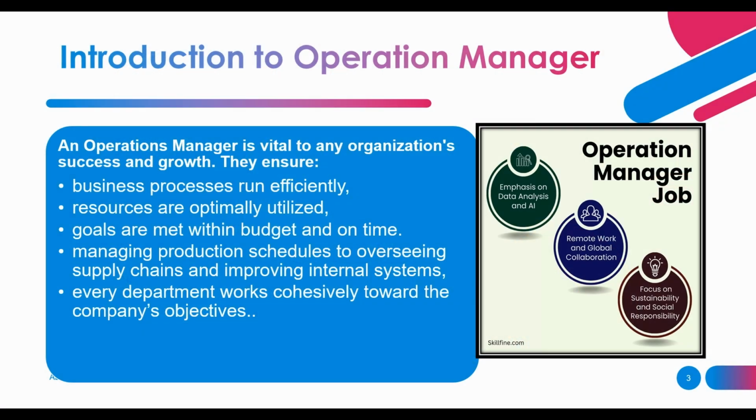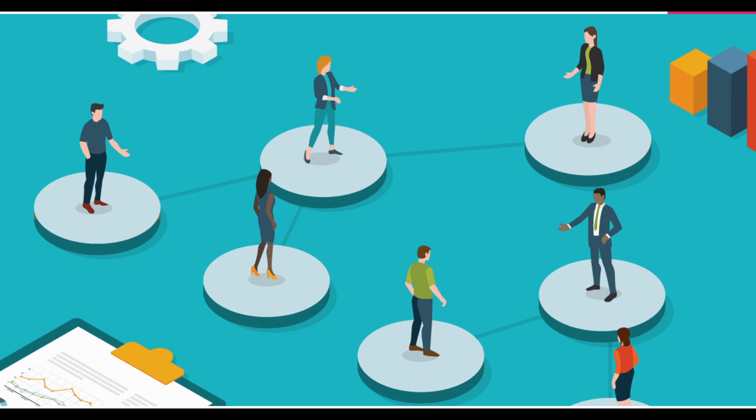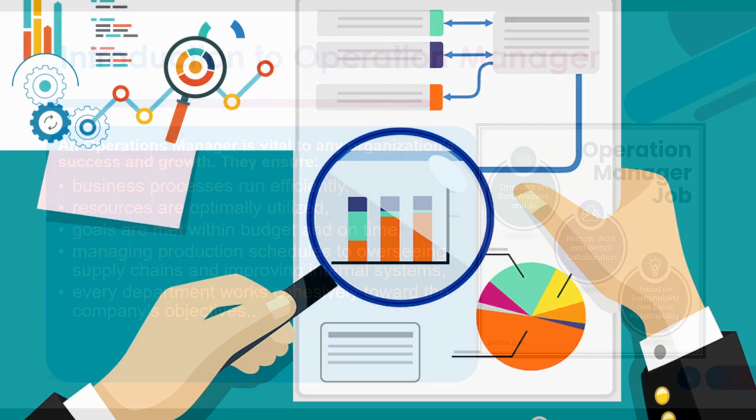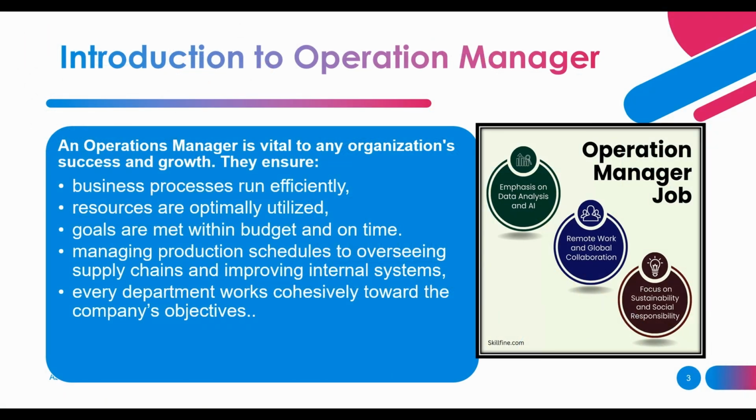And every department works cohesively toward the company objective. You can take a look at the operation manager with this illustration. For example, focus on data analysis and AI, remote work and global collaboration, focus on sustainability and social responsibility.